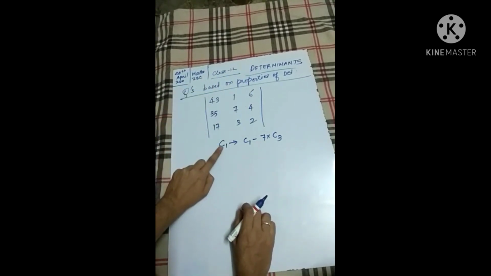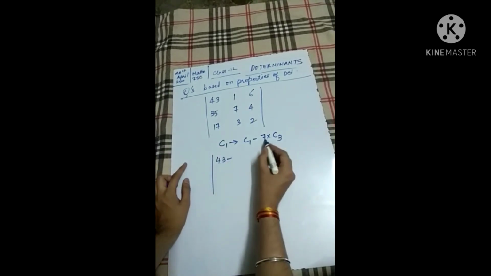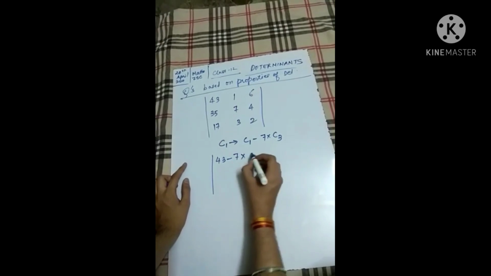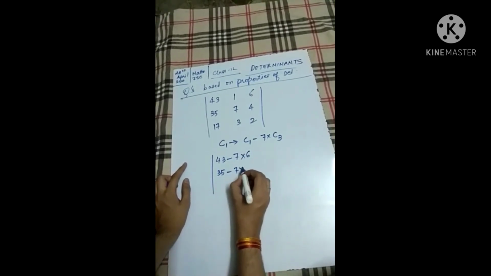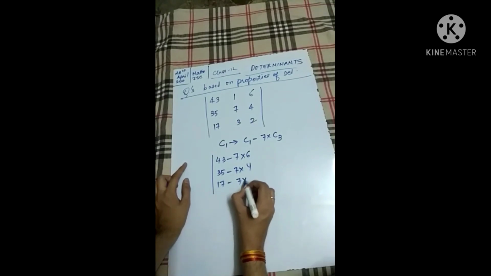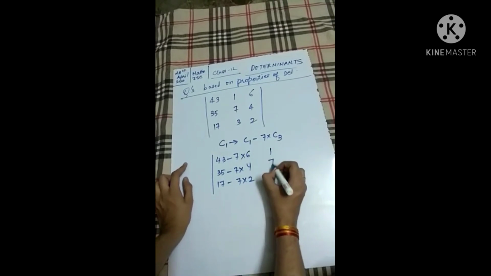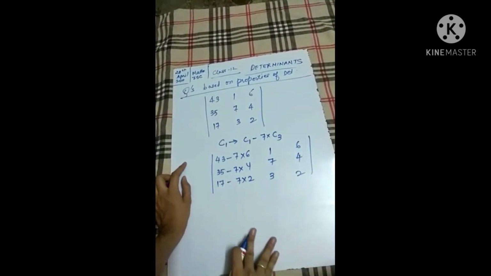Let us transform C1: 43 minus 7 into 6, 35 minus 7 into 4, 17 minus 7 into 2. The columns 1, 7, 3 and 6, 4, 2 will remain as they are.